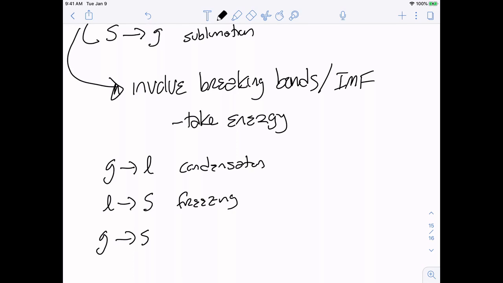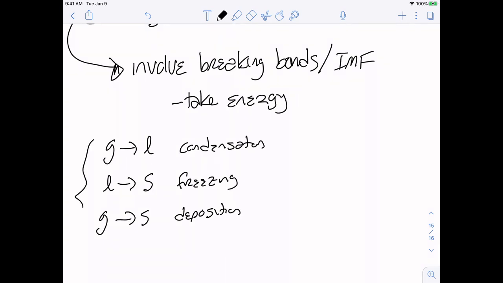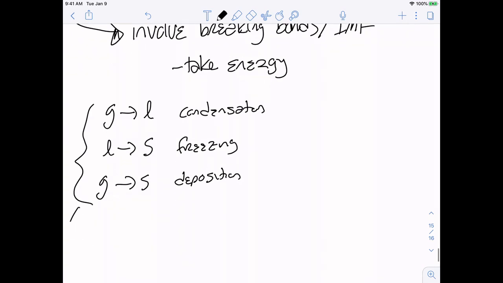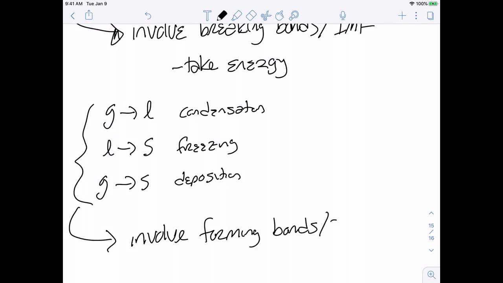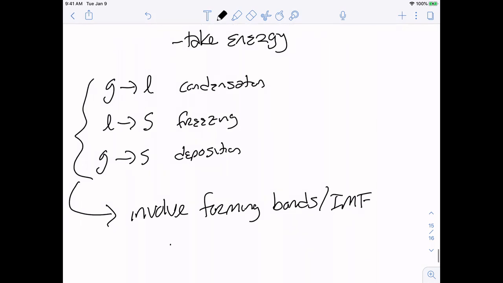And then gas to a solid is deposition. And then these all involve forming connections, so forming bonds or intermolecular forces depending on what type of substance we're talking about. When we form these, we actually release energy.